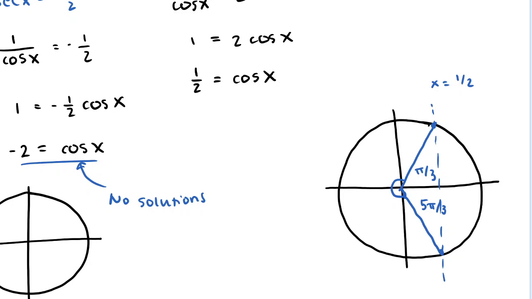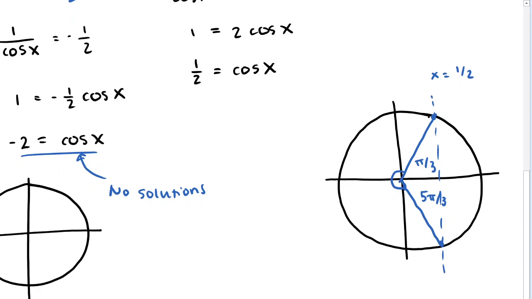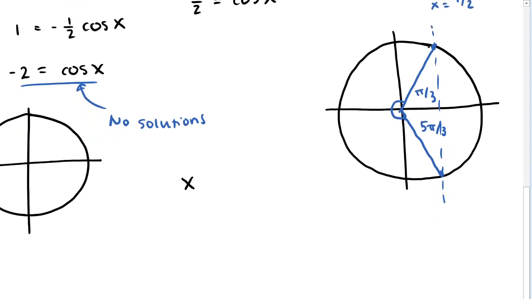But we're looking for all of the solutions, so here we really want to state all the coterminal values as well. x is equal to pi over 3 plus 2 pi n to get the other coterminal angles. And x is equal to 5 pi over 3 plus 2 pi n to get the coterminal angles with the position on the bottom half of our unit circle that lead to a cosine value of 1/2.